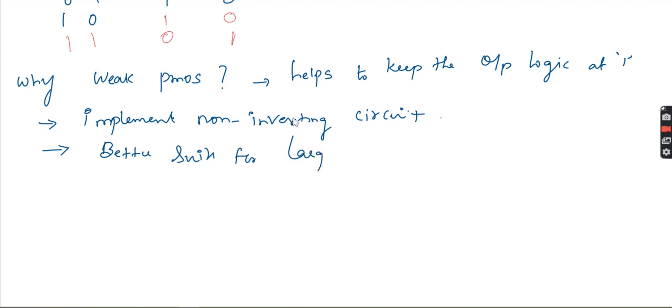Then the next thing is that this domino design style is better suited for large fan-in gates such as NOR, because each input will be connected to a single transistor, so it presents a smaller load to the preceding gate, and so it is possible to achieve high performance.